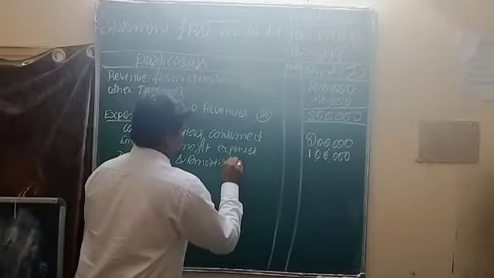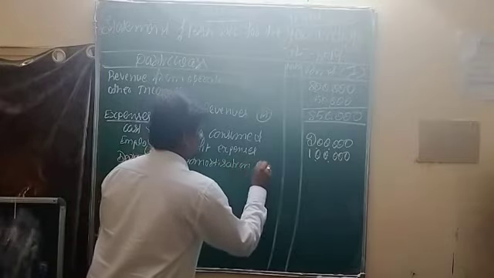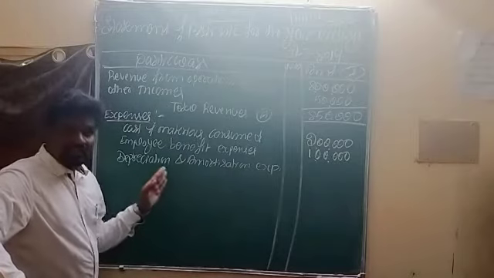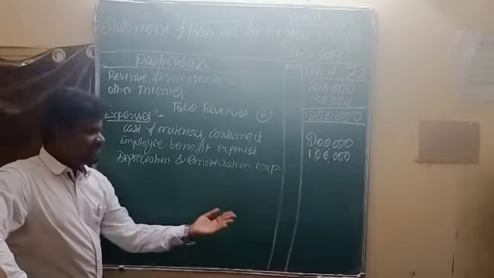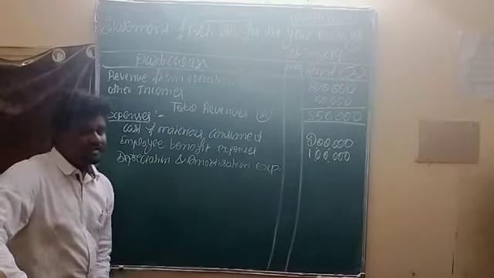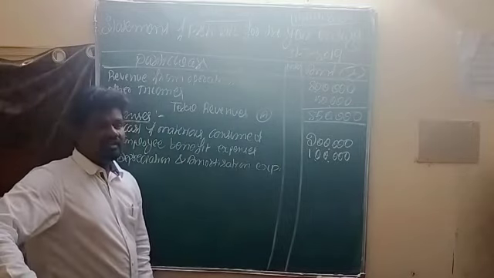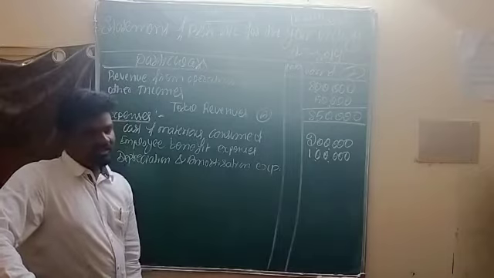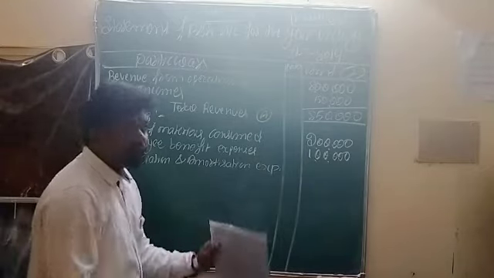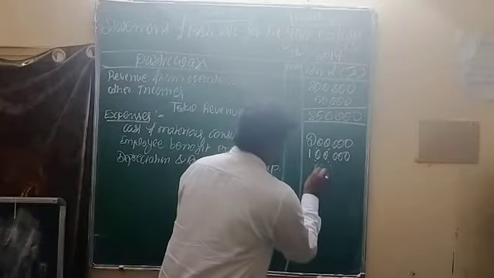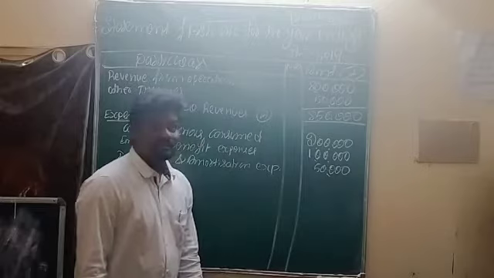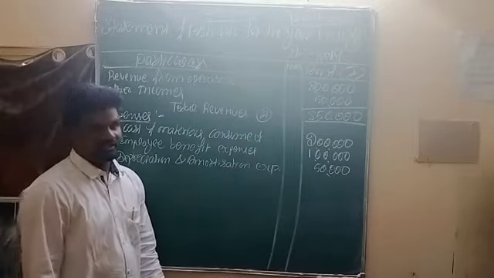Depreciation is the decrease in the value of an asset due to wear and tear or abnormal factors, and the value of assets goes on diminishing year after year. In this business organization, the depreciation cost is rupees 50,000. This 50,000 is an expense to the business organization.